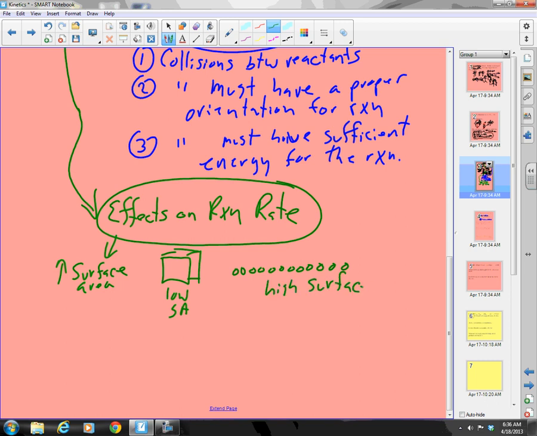So the flatter, the more individualistic I make my particles, the easier it is to react. So as my surface area increases, what happens? My reaction rate increases. Now, why is this?